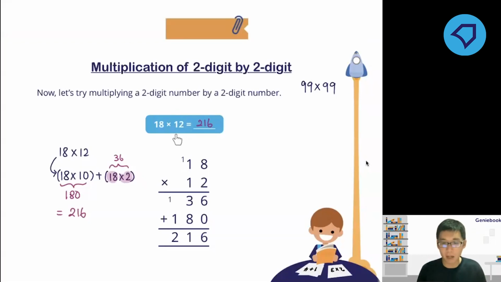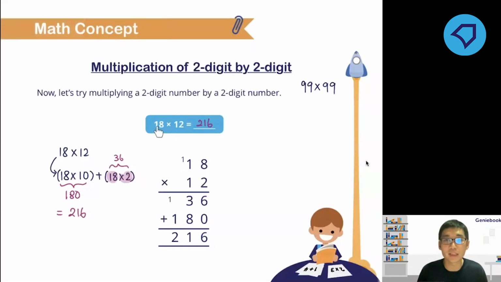All right, let me repeat again. How do we solve a multiplication of a 2-digit number by a 2-digit number, such as 18 multiplied by 12? You can think of multiplying by 12 as a multiplication by 10 first, followed by a multiplication by 2. I split the 12 groups into 10 groups, followed by 2 groups.